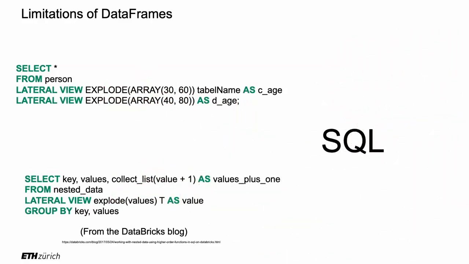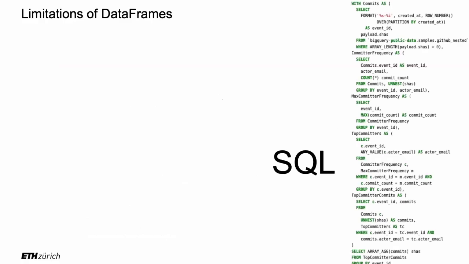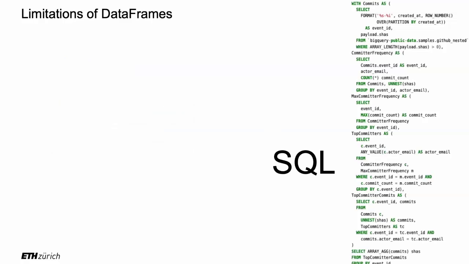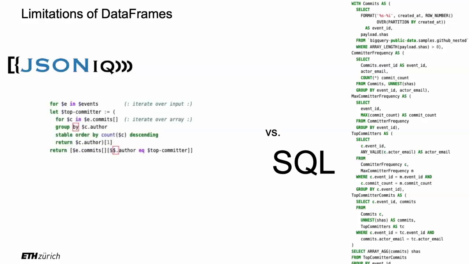And what's more, if you use SQL, you have cases in which for very simple things, like for example, the email of, I cannot even tell what that does, right? But basically, this is a very long SQL query that in JSONiq that we're studying now is much shorter. That query is just looking for the top committer, right? So for every event in GitHub, we want the top committer.